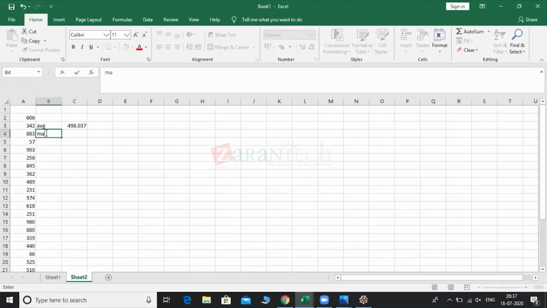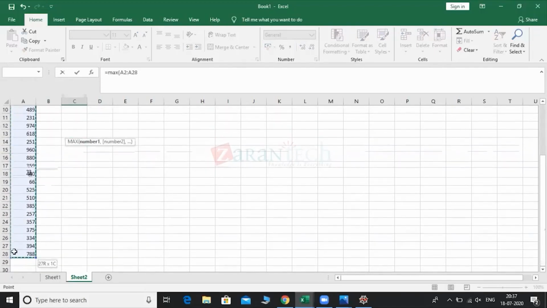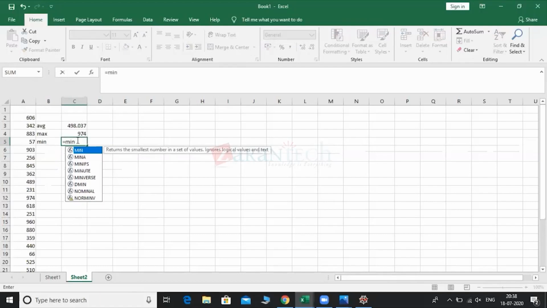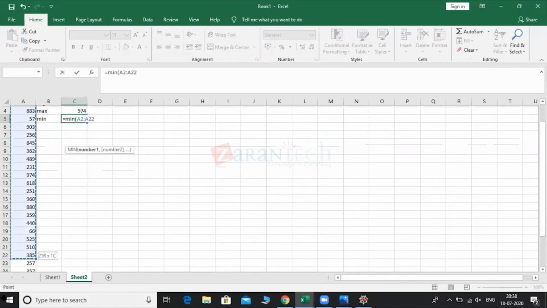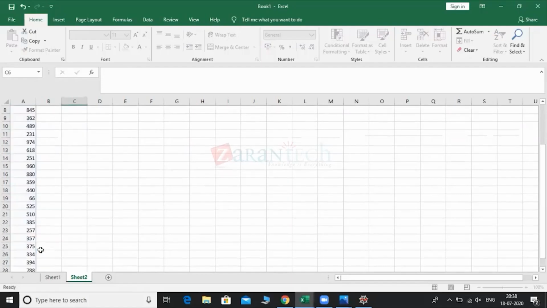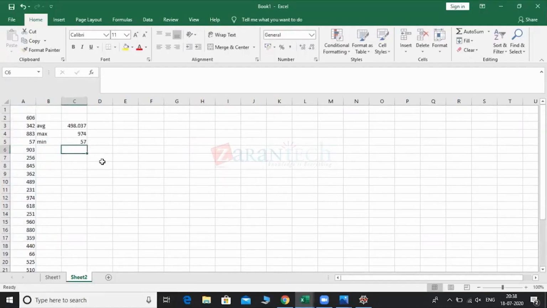Maximum and minimum. So maximum would be somewhere from this data. Obviously, it will be less than 1000 because we have put the 1000 limit, but let's see. So 974 is the maximum and minimum is 57.